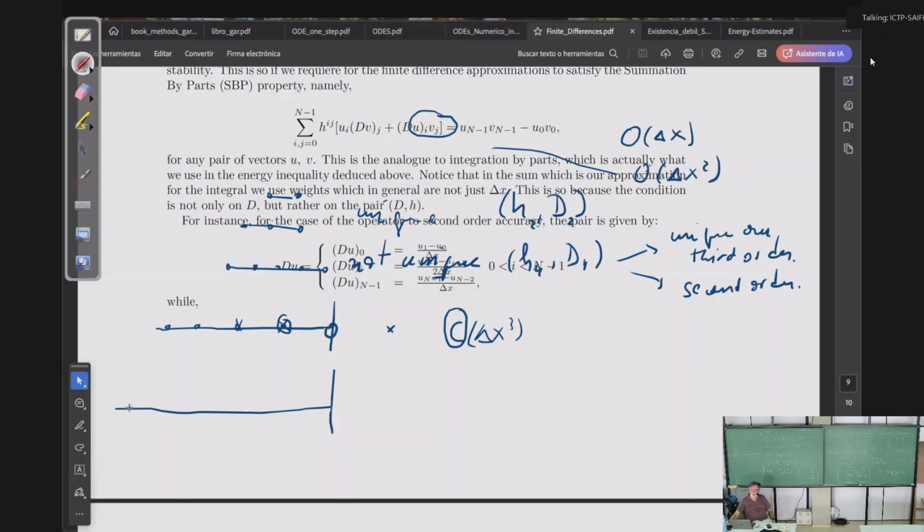And here, further away from the point, I use centered differences. But near the boundary, these are all dx equally spaced, but in the last points, I will choose the points in a different way. The distance between the points is different.